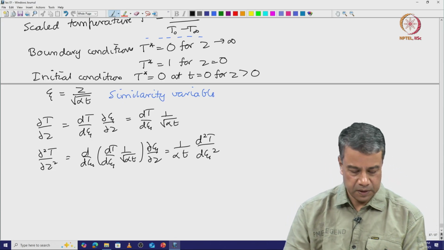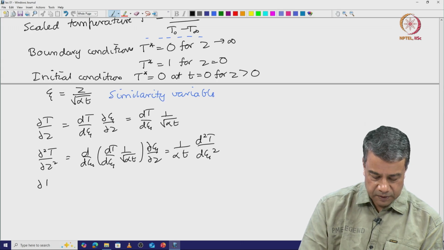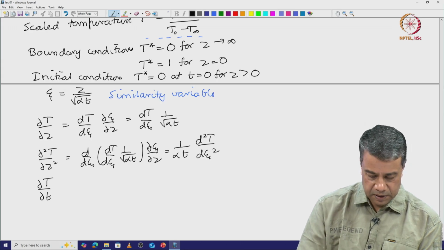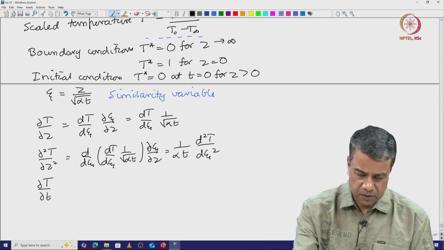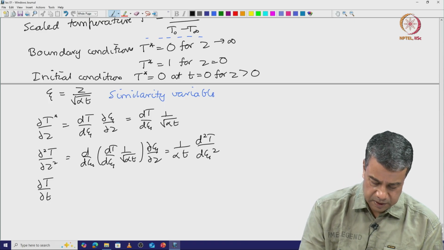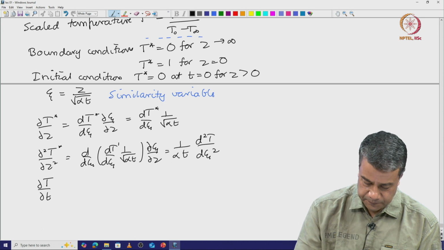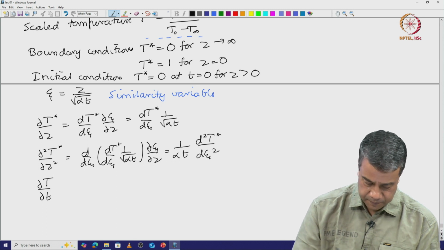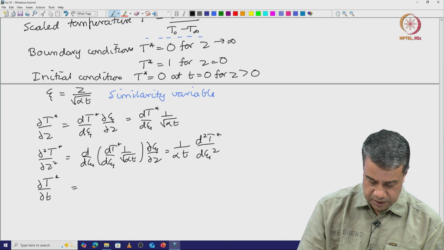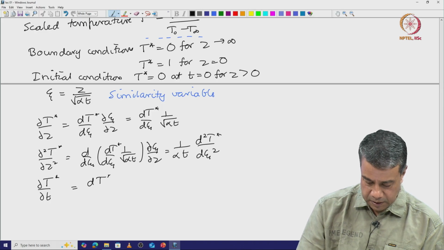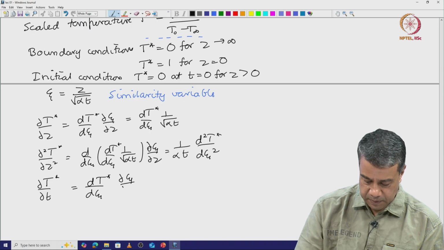And then the time derivative, partial T by partial t. I should note here that I should write all of these in terms of the scale temperature, because I have already transformed to the scale temperature. It is equal to dT by d psi into partial psi by partial t.